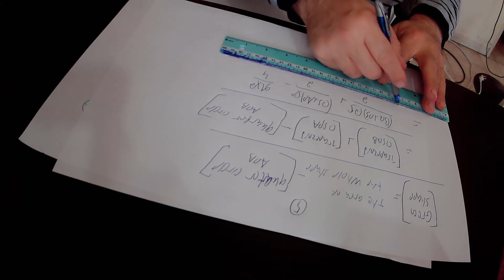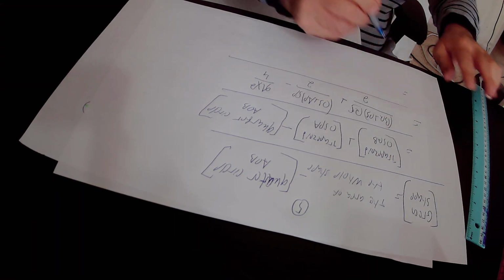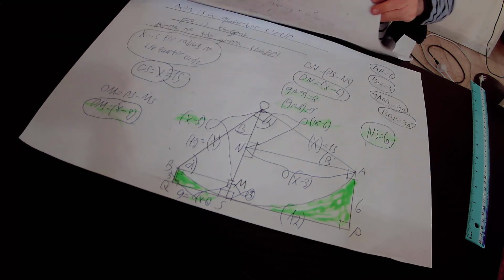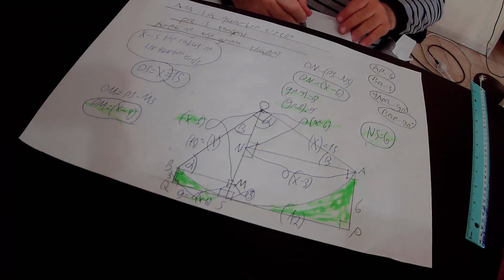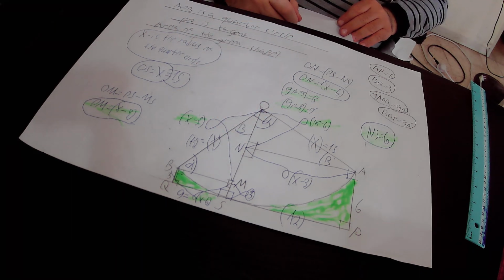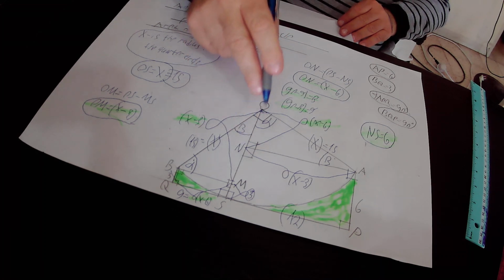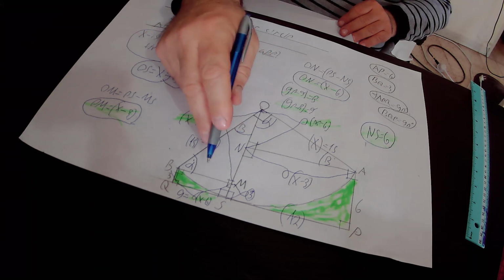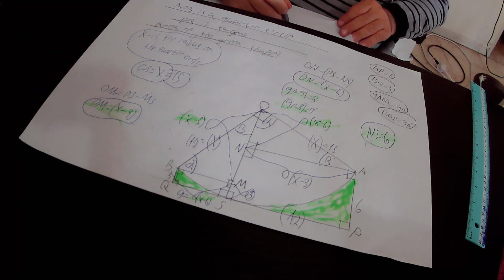So the area of trapezoid OSQB equals BQ plus OS. BQ is 3 plus OS, that is 15. It is the radius of the quarter circle, that is x, and x is 15, times QS. QS equals 9. This is the height, divided by 2.